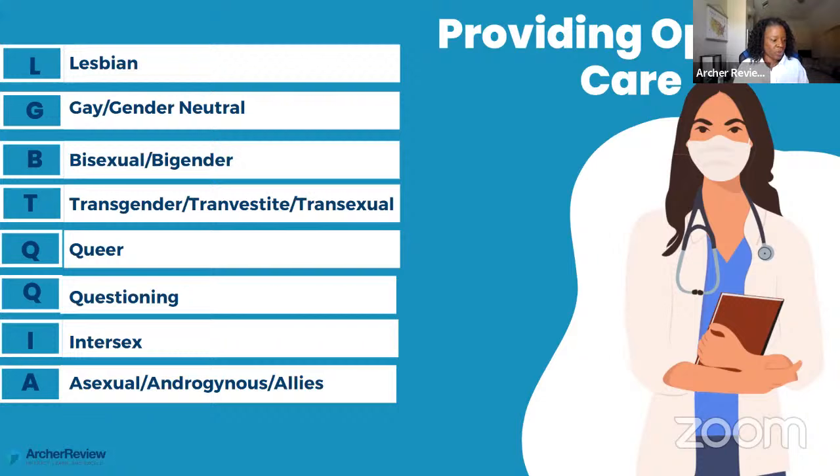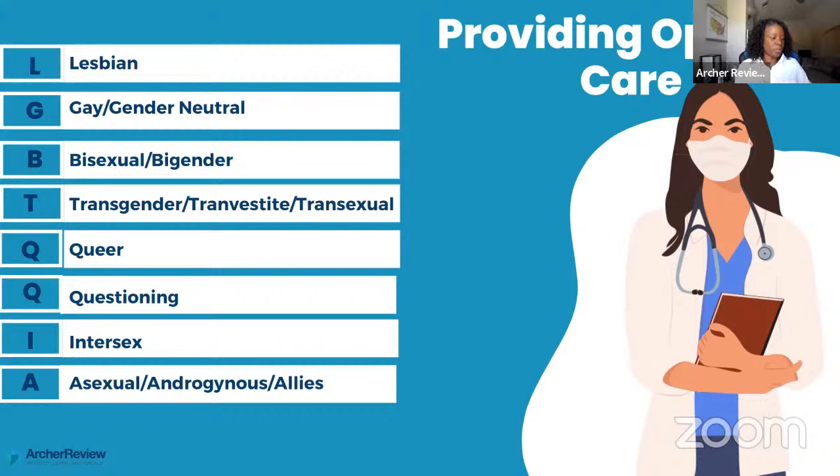Bisexual refers to those attracted to both men and women. Transgender refers to two groups: those who identify with and transition to a gender other than the one assigned to them at birth, and those who express gender differently from prevailing norms in society.